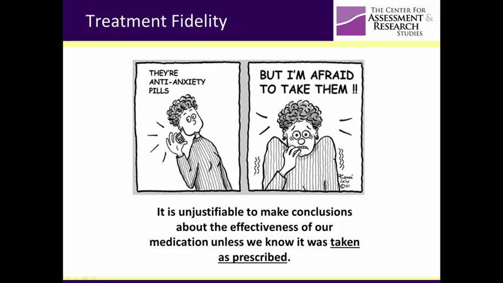Simply put, it's very shaky to make these conclusions without knowing whether or not the person was taking the medication as prescribed. So as a doctor, what the patient is doing at home is basically a black box.